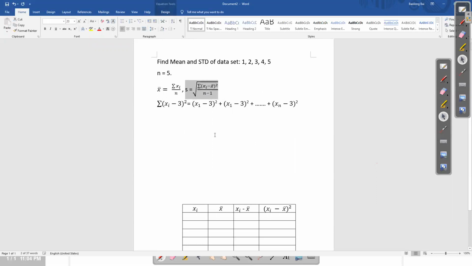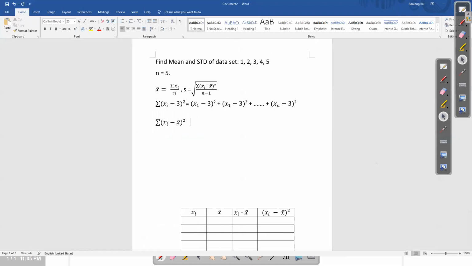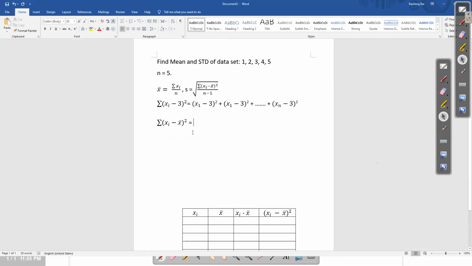The square root function is simple, and the fraction is simple. We need to pay attention to this sum of xi minus x bar squared. If we know what this is, we just need to plug into the equation, and the problem is solved.